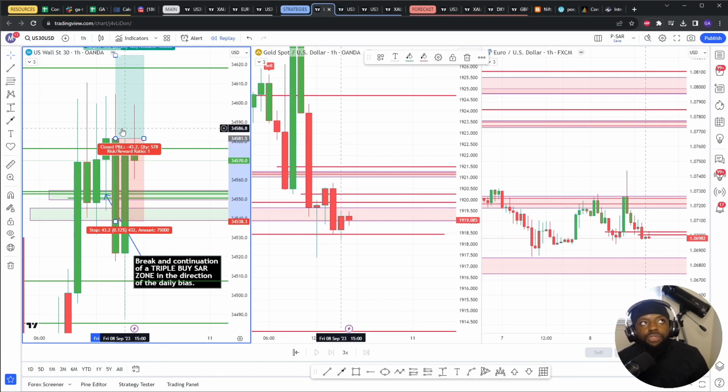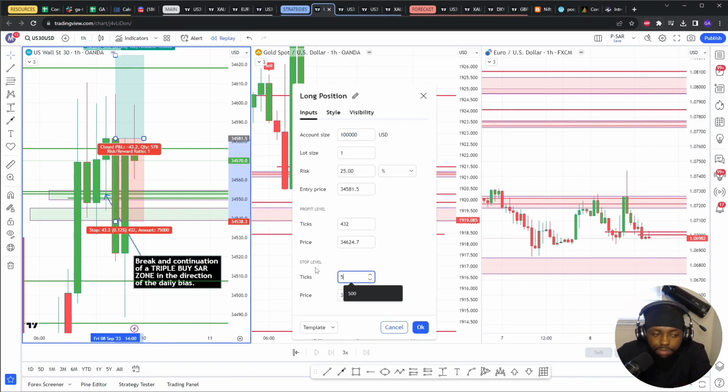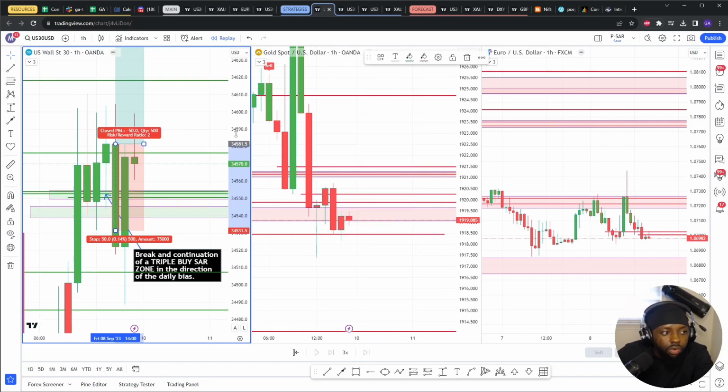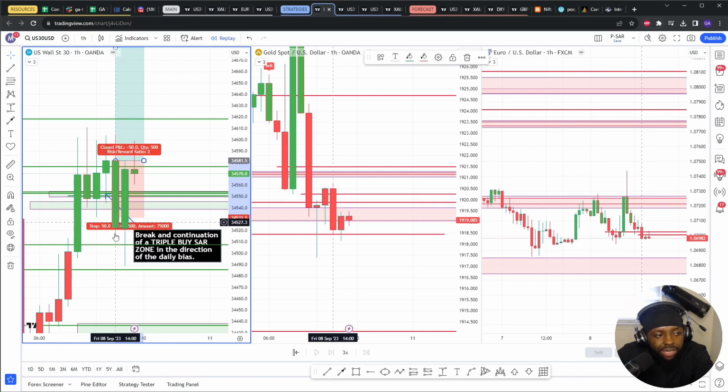Now, when I'm entering, the other thing I ask myself is, how far is my entry from the SARs I'm trading? Let's assume here I'm using a 50 pip stop loss and a 100 pip TP. You can see this manipulation.